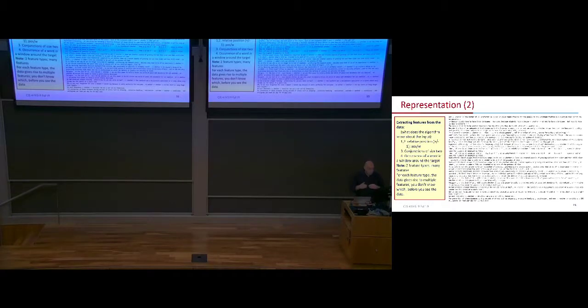Okay, so what happens next? Once I decided on the types, I have to go to my text and do this automatic step of, here are the types, let's instantiate them. So I'm going to the sentences, I put brackets around each target word.